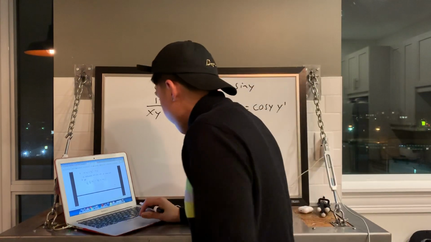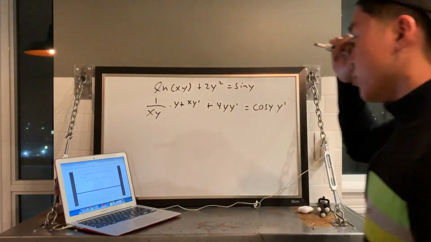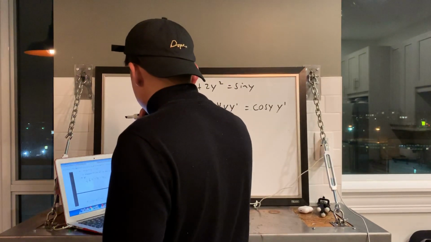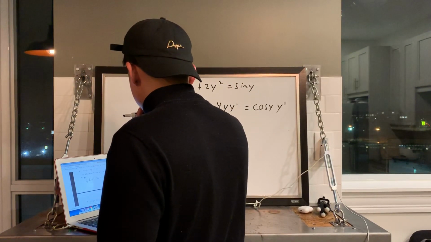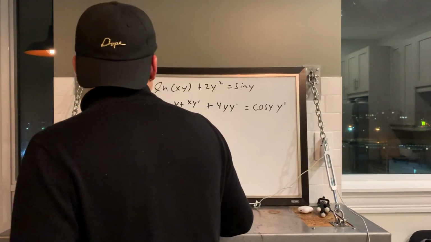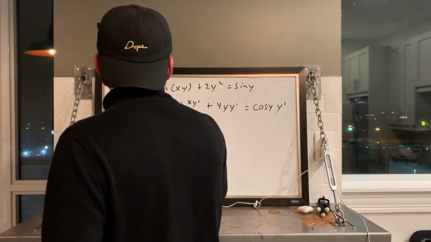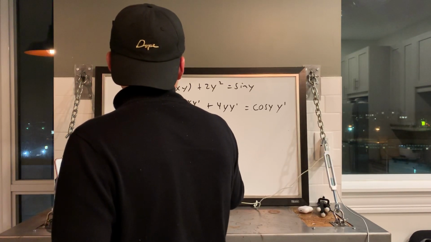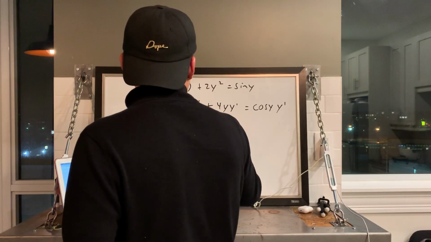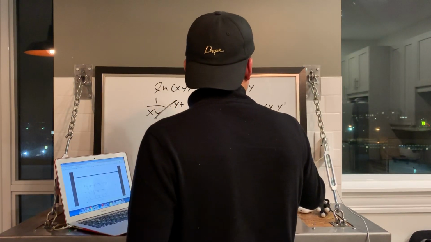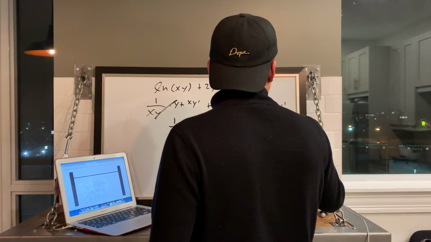That looks pretty good to me because there is a y that I have to do a chain rule on. These y's cancel, so 1 over x plus xy prime plus 4y prime equals cos y prime.